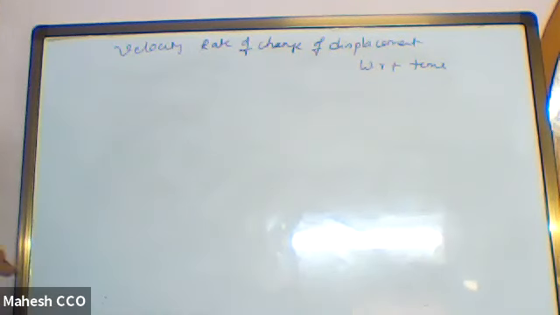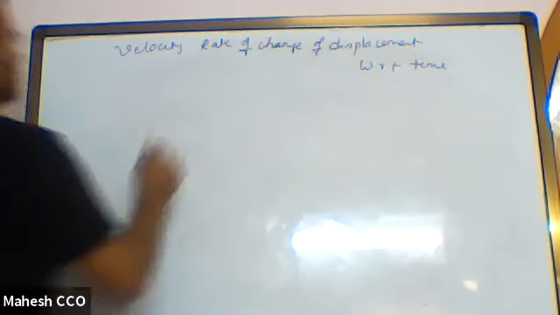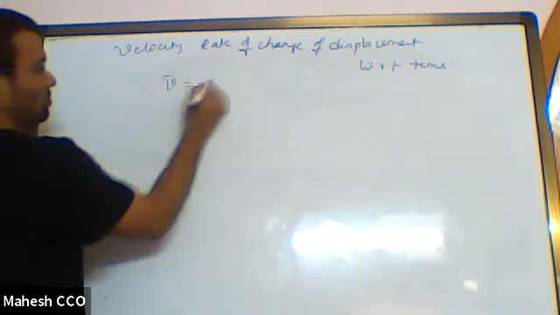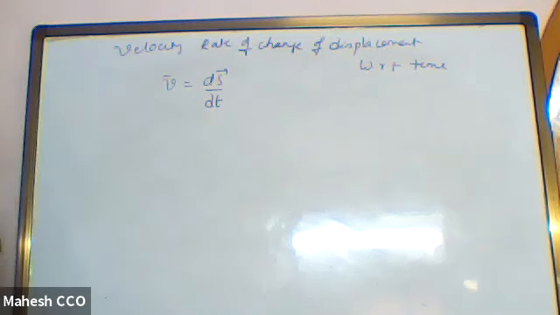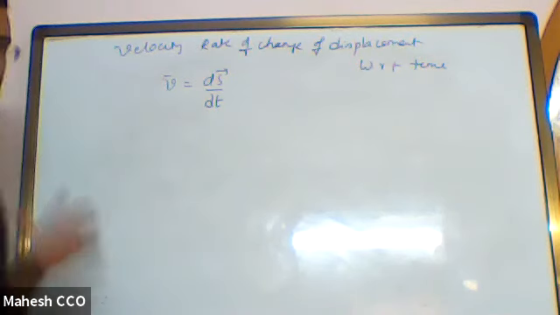So v bar is equal to ds bar by dt. That is the equation. Now, actually speaking, it is not so easy to draw vectors on a graph.